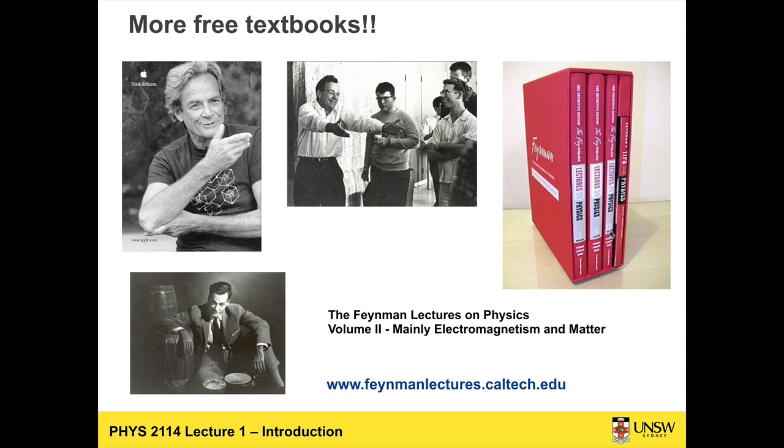And quantum mechanics, next year when you take quantum mechanics, you can look at volume 3. And volume 2 is mostly electromagnetism and matter, and that's a really good alternative to look at, and it's online and it's free. So have a look at that.